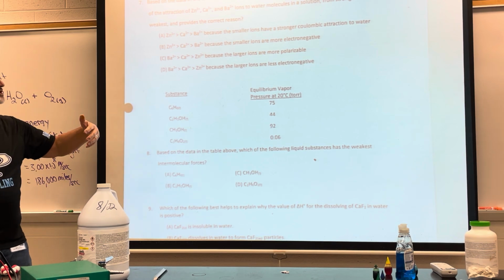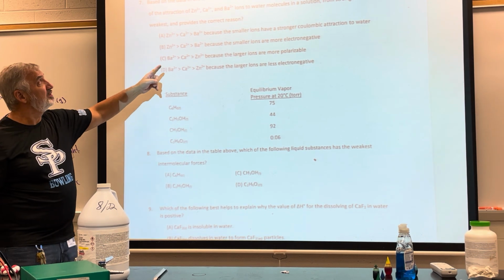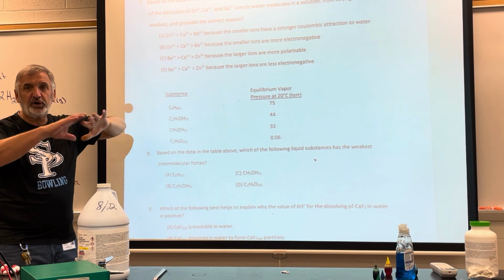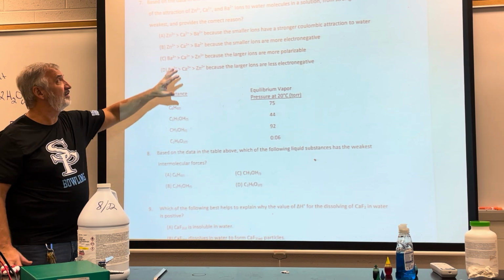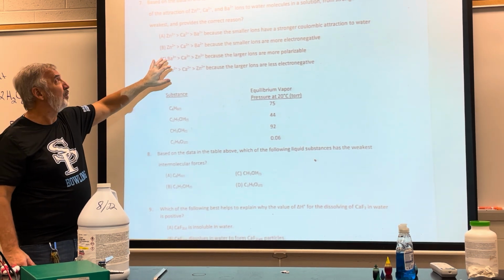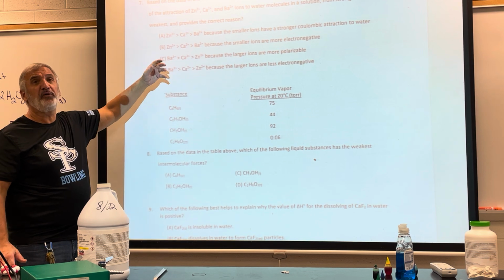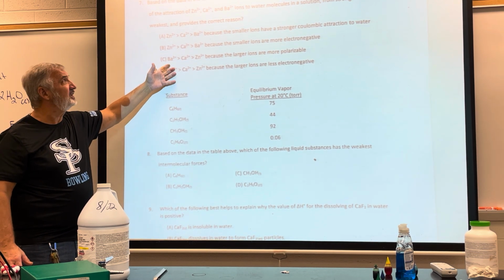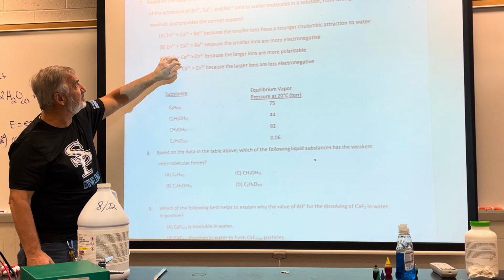Okay? So let's just quickly go through these again. So what type of attraction, and hopefully you wrote this down on the side of the problem itself, what force do we use, or our energy, to measure the strength of attraction between an ion and water?